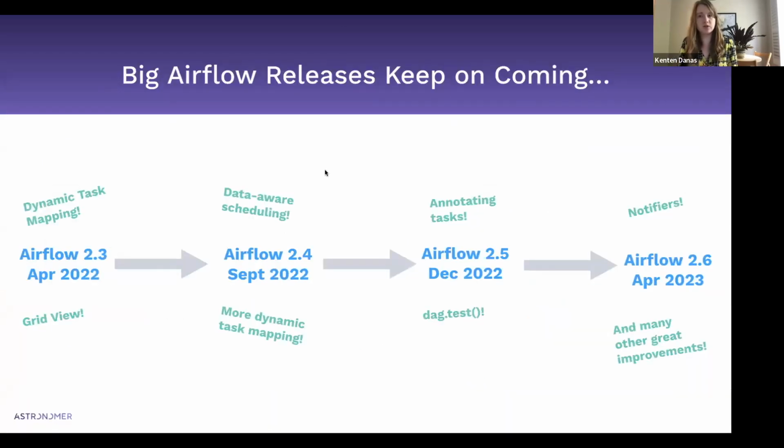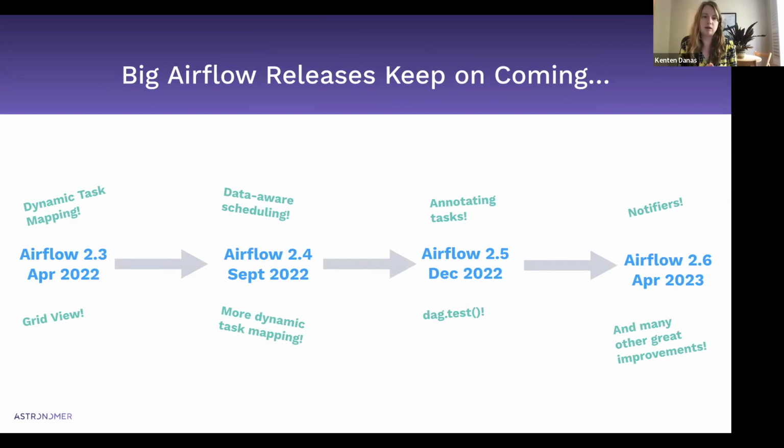Airflow releases. So if this is your first time coming to one of our Airflow release webinars, we actually do these pretty frequently. Airflow 2.6 was released at the very end of April, so just a couple of weeks ago, and included some great new features that we're going to go through today. Obviously, if you're on an older version of Airflow, there are many, many reasons to upgrade.